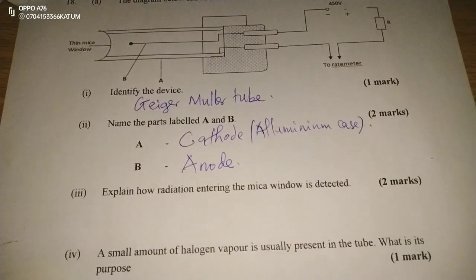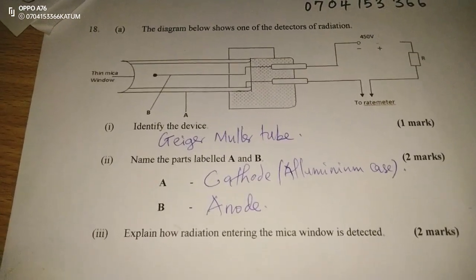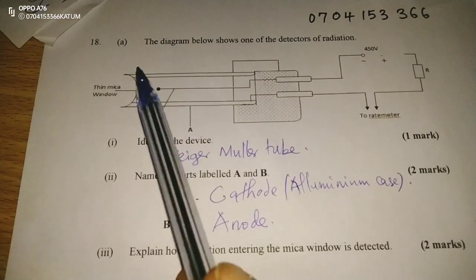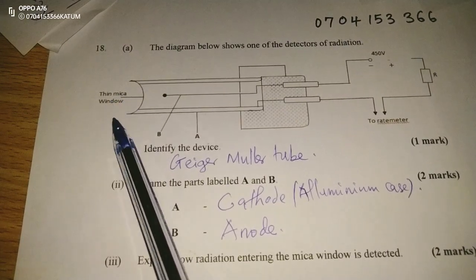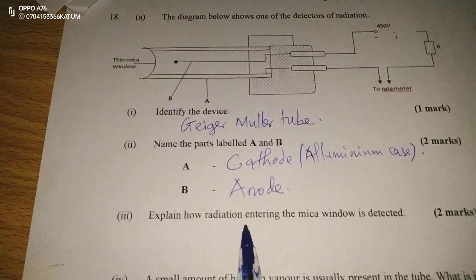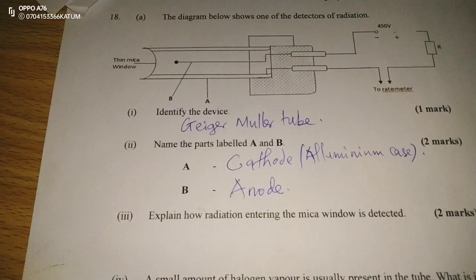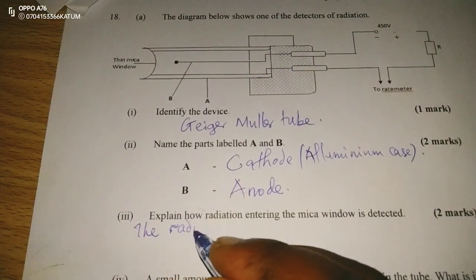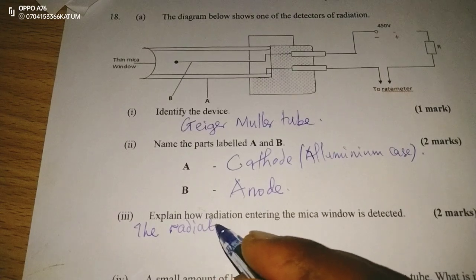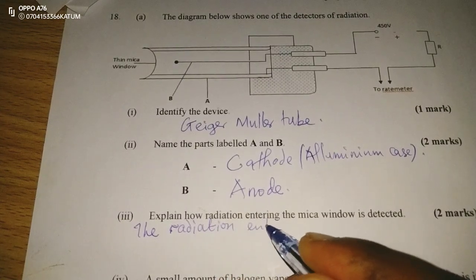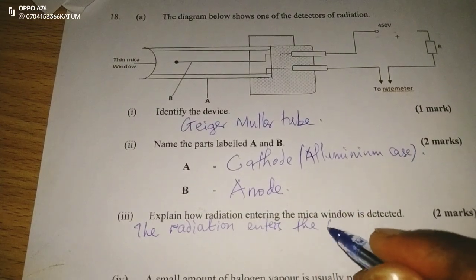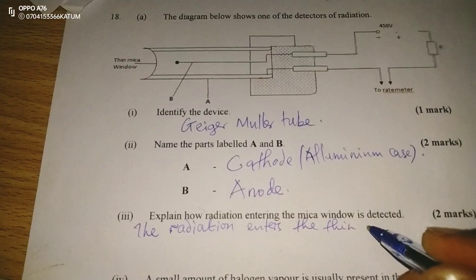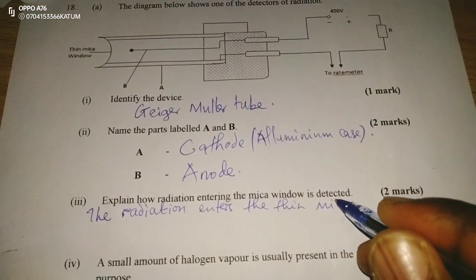After that, we are told to explain how radiation entering the mica window is detected. First of all, we usually say that the mica window is made thin. Even according to the description here, it's called a thin mica window. Therefore, the radiation enters through the thin mica window.